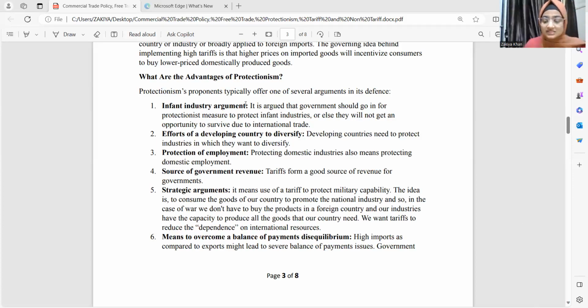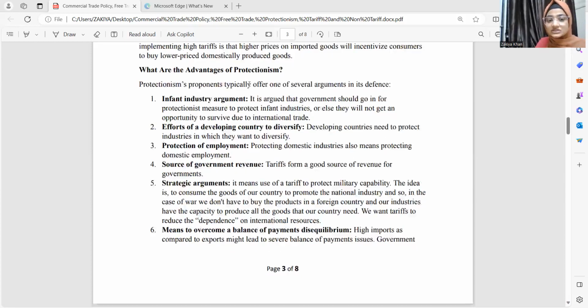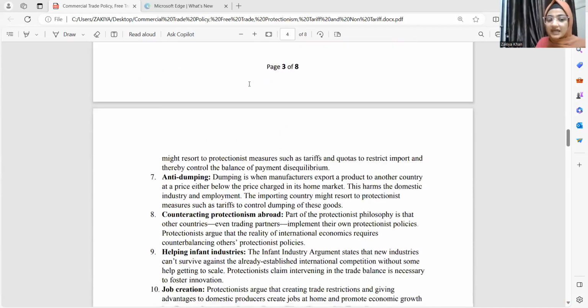Then there are strategic arguments: at times of war, if we are importing raw materials and these raw materials are inaccessible, you are overly dependent on them. You have to remove that kind of dependence, and hence protectionism is advantageous.